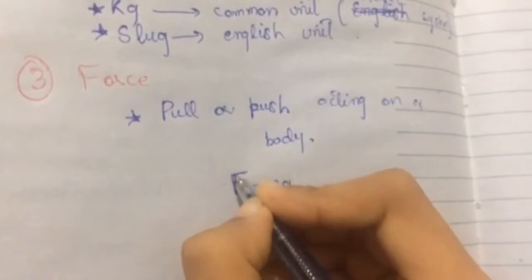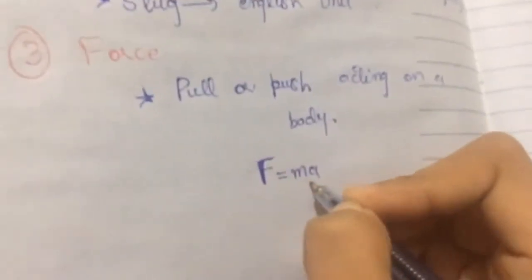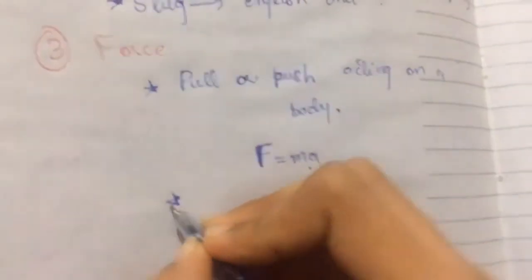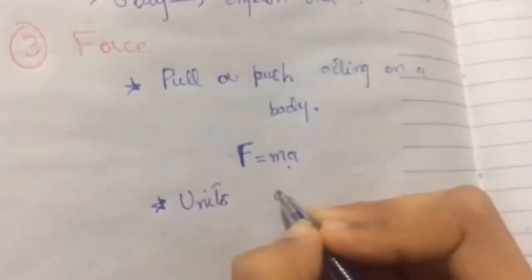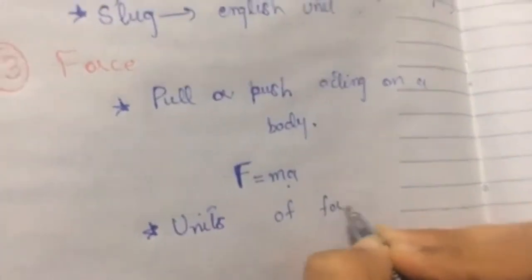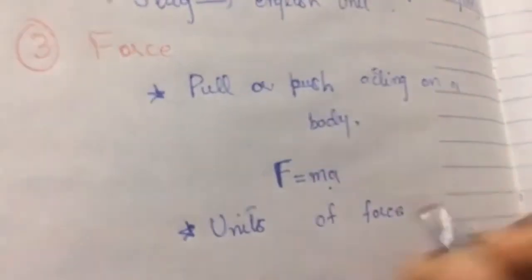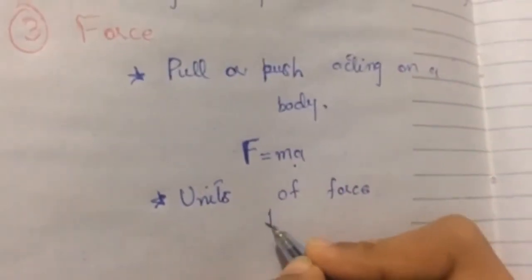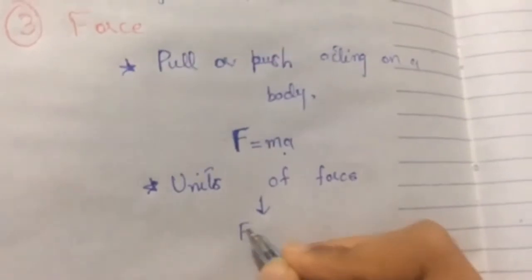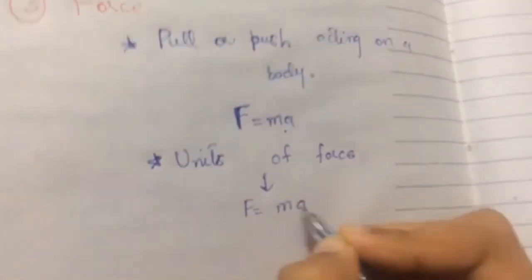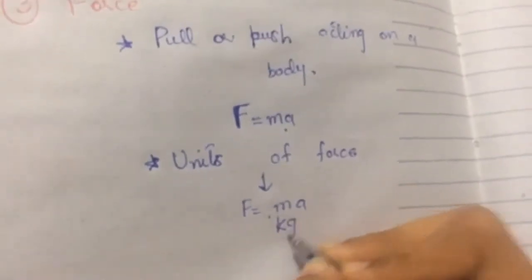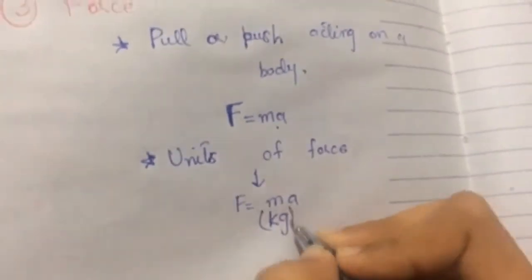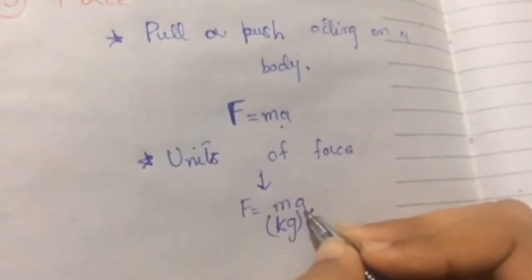Okay, we have to find the units of force. So F is equal to ma, taking that formula, and then we put their units: kg for mass and meter per second square for acceleration.